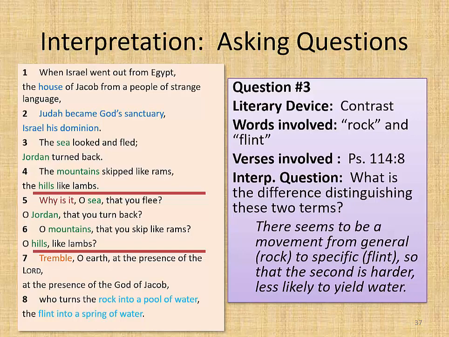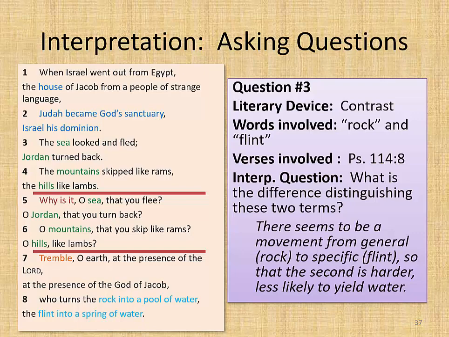Rock and flint. The answer that's proposed, a movement from general, rock is a general category, hard object, geologic, to specific, flint. Flint would be a subcategory, one type of rock. And when you think about that, what's being added by the presentation of flint? It looks like the writer is calling attention to rock that's really hard.